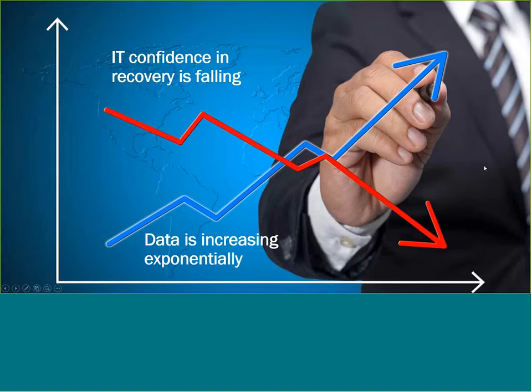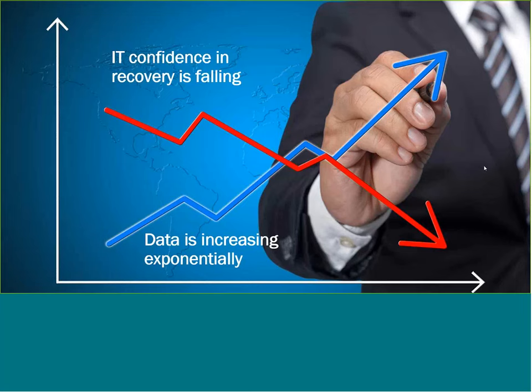So making sure that we're protecting our data, and that we actually know what all of our data is, is obviously very critical. As we live in this realm where data is increasing exponentially, unfortunately, IT's confidence in their ability to recover that data has been falling at the same time. Some of this is due to legacy tools not keeping up with the pace of innovation in cloud systems and the like. Some of it is due to the need to update processes and tactics.